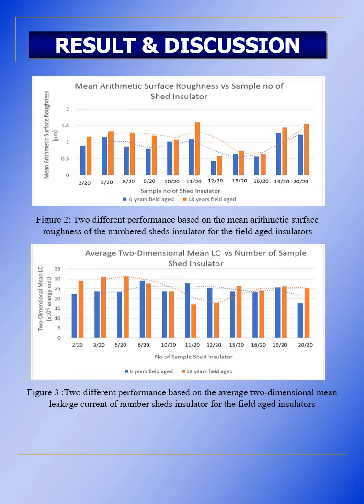This is because the insulator for 80 years has experienced a longer period of field service. Based on the 11 samples of both field edge, the trend of variation of average two-dimensional mean leakage current of 6 years and 80 years is not the same pattern, but the value of 80 years is a bit higher than 6 years.